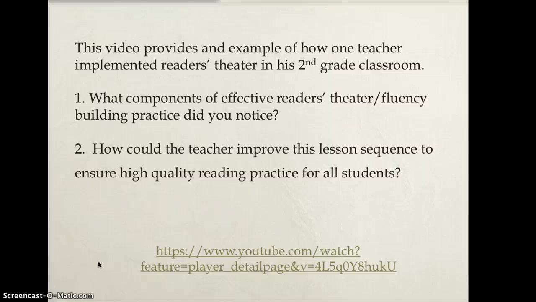This is an effective way to implement readers theater. And number 2, this lesson or series of lessons is not the most ideal, so I'd also like you to look at it with a critical lens and respond about how could the teacher improve this lesson sequence to ensure high quality reading practice for all of his students.